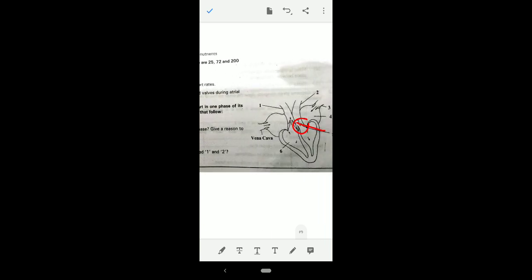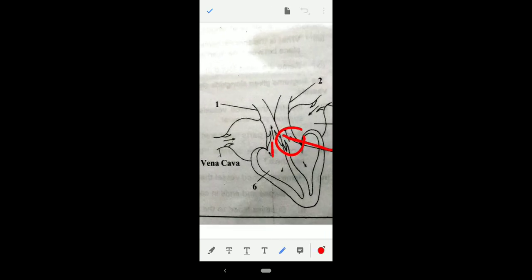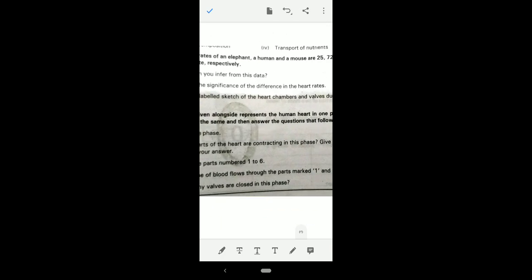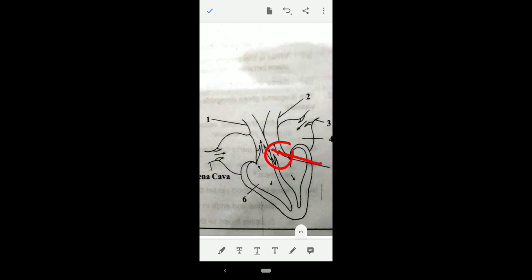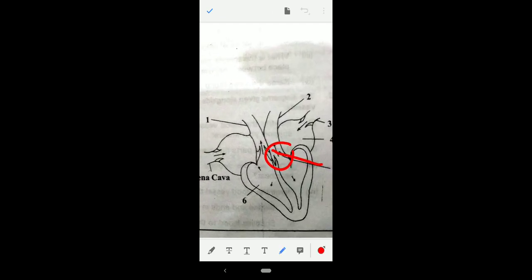What type of blood flows through the parts labeled 1 and 2? Part 1 is the pulmonary artery, it carries deoxygenated blood, and this one carries oxygenated blood because it is the aorta. How many valves are closed in this phase? This is the ventricular systole phase, and during ventricular systole, semilunar valves are open and atrioventricular valves are closed.